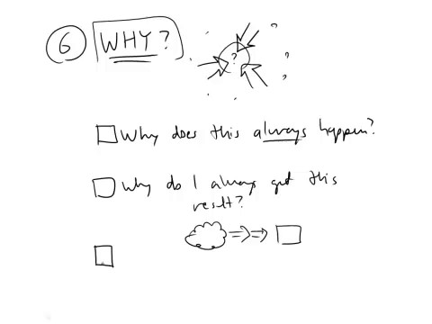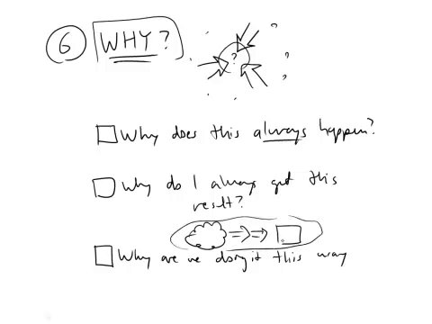And they can summarize into the most important one of all, which is, why are we doing it this way? Is this the only way to make this thing happen? Is there another, perhaps better way we could do the same thing? These are the questions of why.